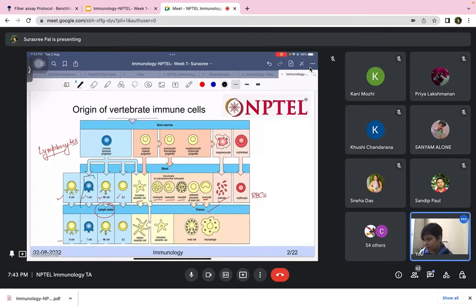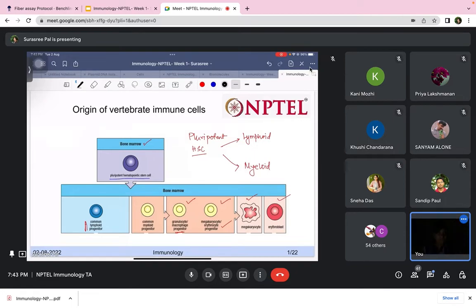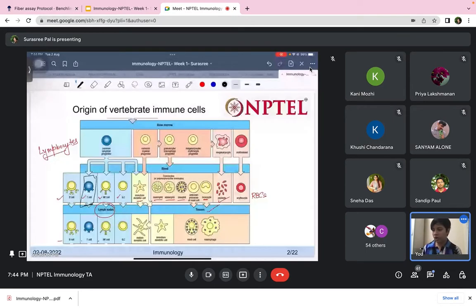All of these immune cells first originate in the bone marrow, as I told you. The origin of the T cells is in the bone marrow, and then the T cell reaches the thymus. Many of you were answering thymus. When the T cell reaches the thymus, it differentiates and matures.